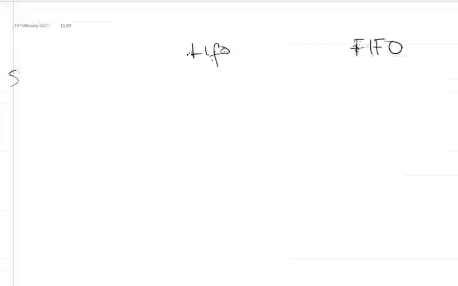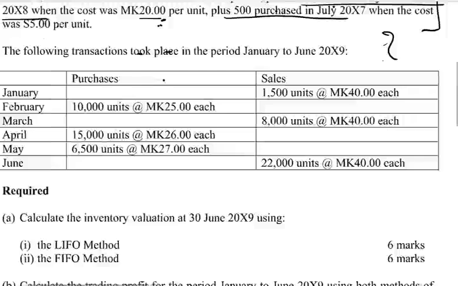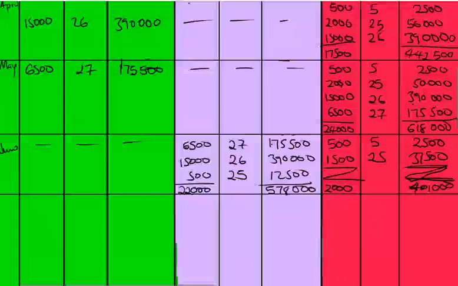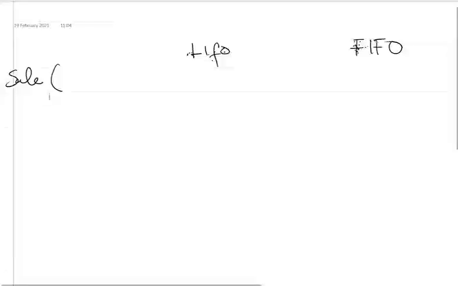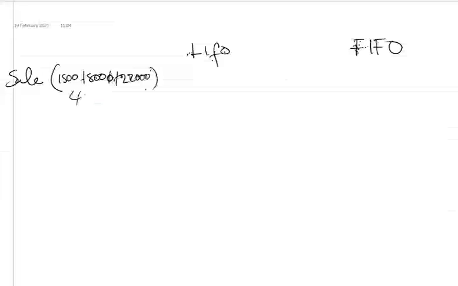So let us start with the sales, right? All the sales were sold at the same price. So we can just say 1,500 plus 8,000 plus 28,000 plus 22,000, times 40, right?